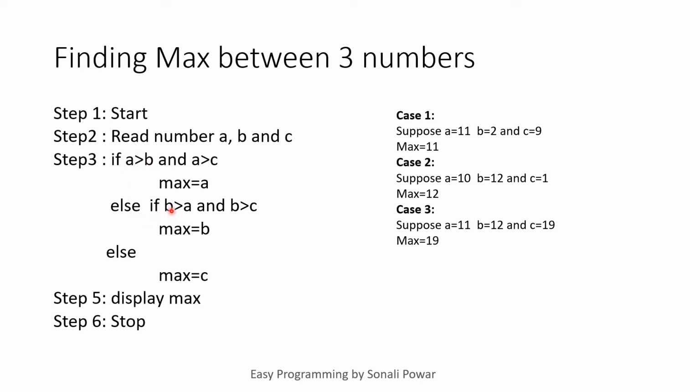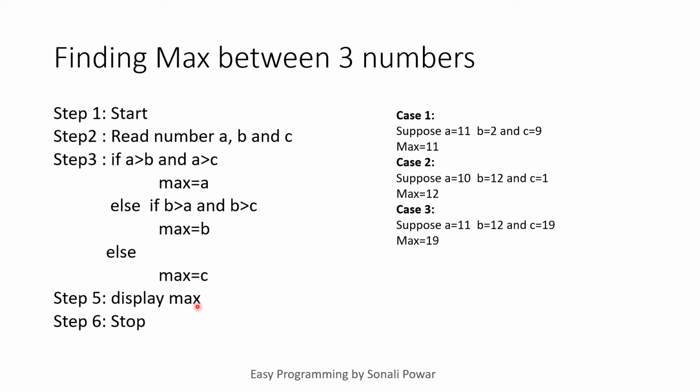Here I am checking 12 is greater than A, B की वैल्यू क्या है मेरी 12 है, 12 is greater than 10, yes this condition is true. So again I am checking 12 is greater than 1, this condition is also true. So I will say that max is equal to B, which means what is the value of B, B is 12, so max becomes 12 and it will display the 12 value.